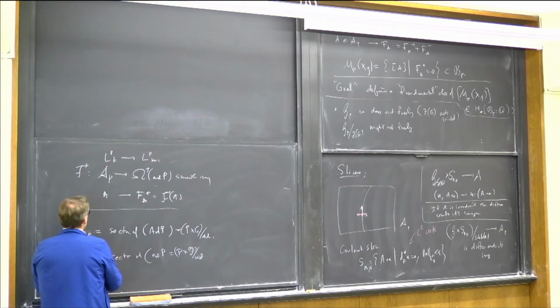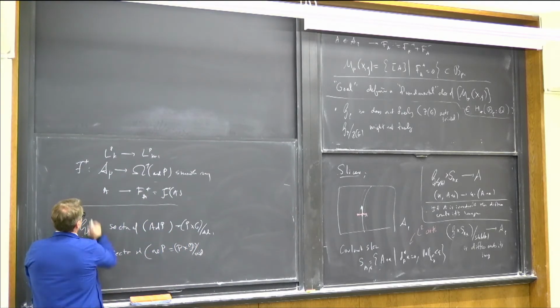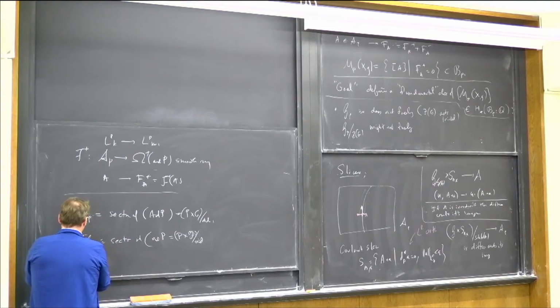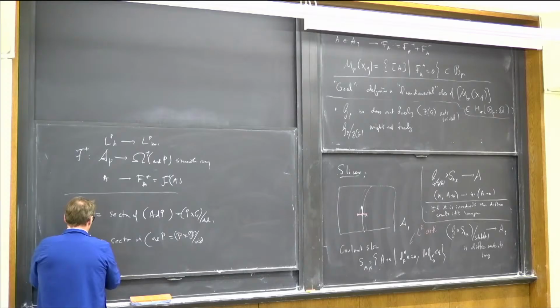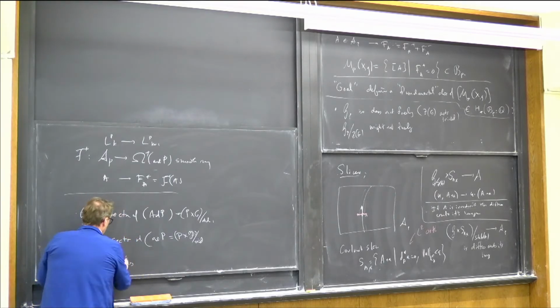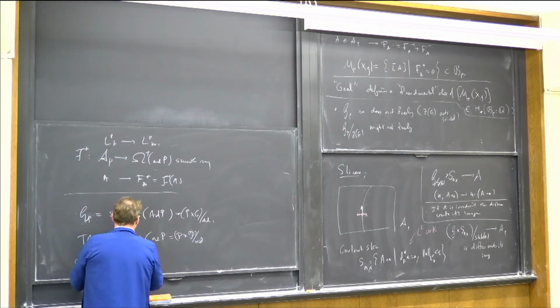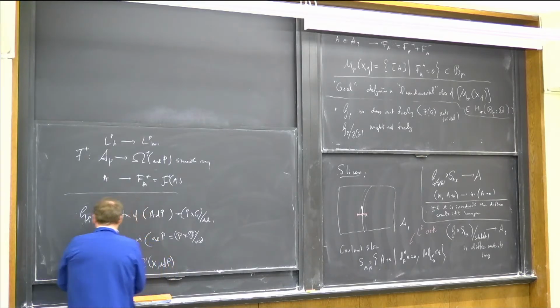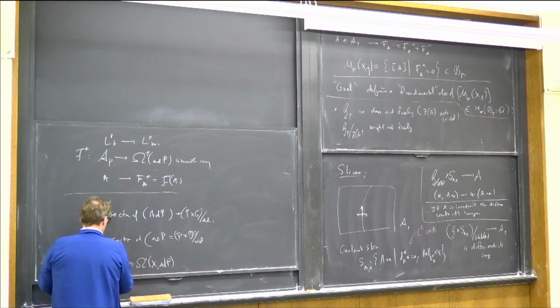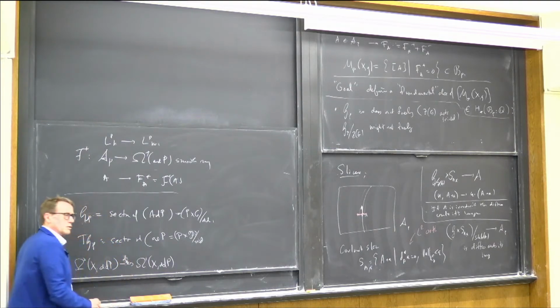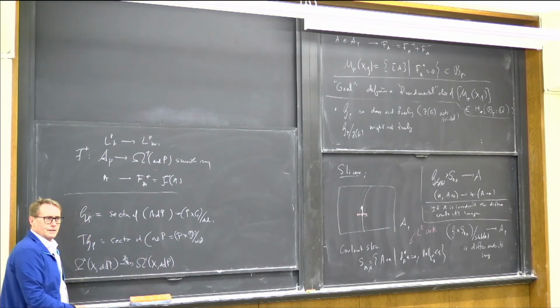Right. And the fundamental observation here is that if I look at, so let's write sections over X of little ad P, that goes by the covariant derivative to 1 forms. The kernel here, what does the kernel mean? Just to see if anybody's actually paying any attention.